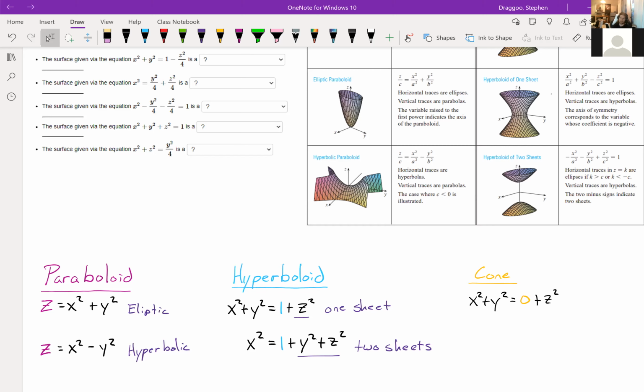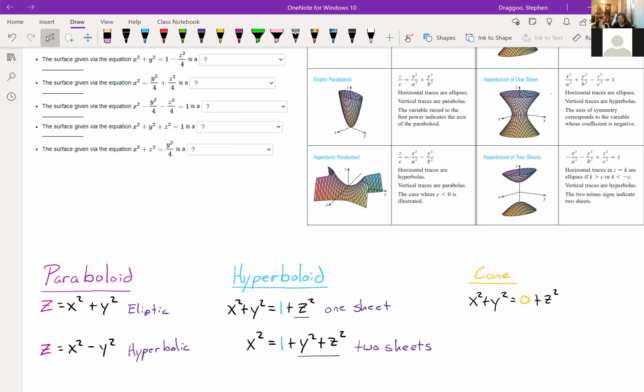And then I can say that my hyperboloids, which are the crazy looking things, if I have just one square term on the side that contains the constant, then it's a hyperboloid of 1 sheet. And if I have 2 terms on the side that contains the constant, it is going to be a hyperboloid of 2 sheets.